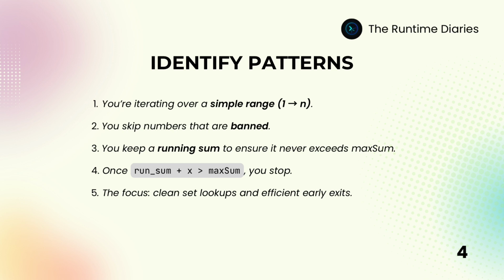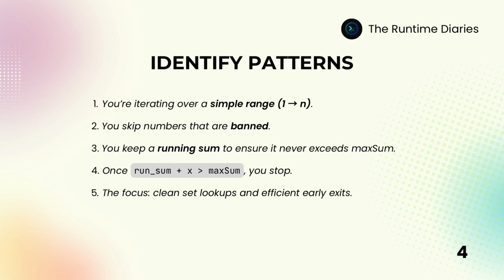So what pattern are we really solving here? Think of your array like a circular board. You move from 1 up to n, checking each position. If it's not banned, you ask, can I afford this number without going over budget? If yes, you take it. If no, you stop immediately.